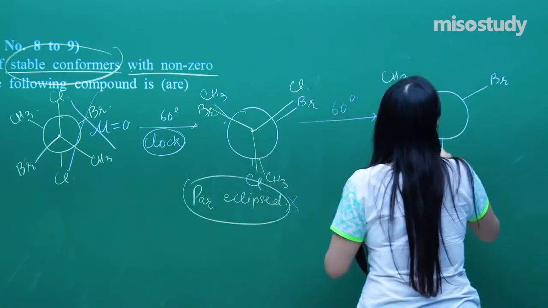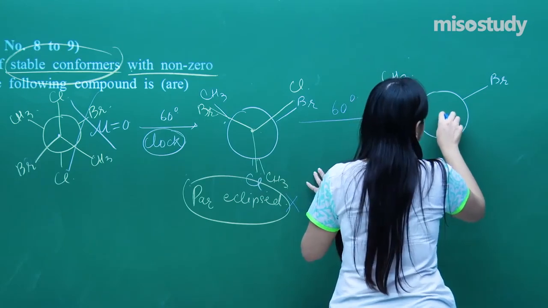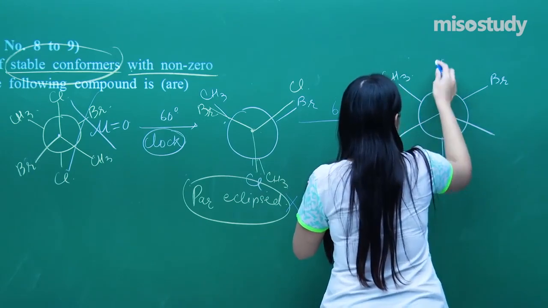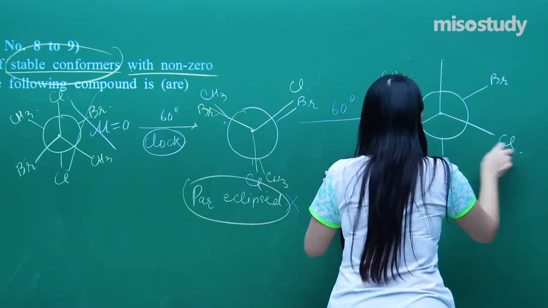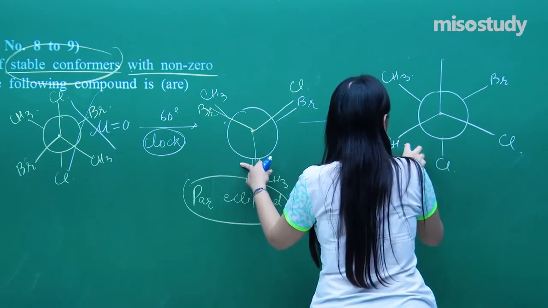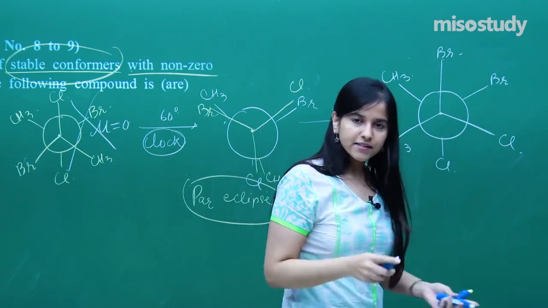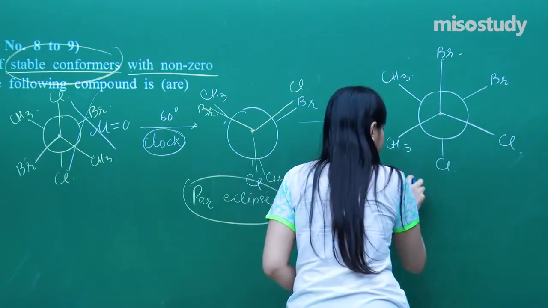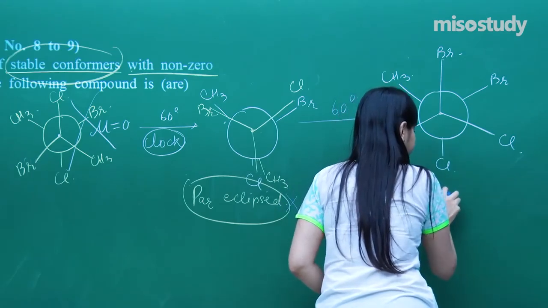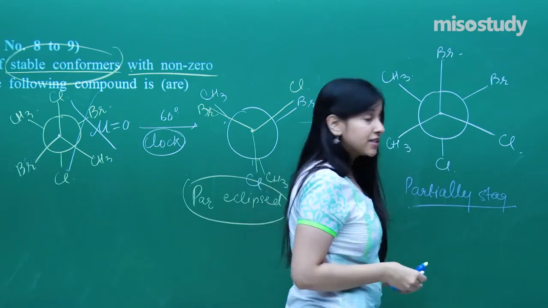And now where do I get the rest? I get it over here. That means now chlorine has come up here, my methyl has gone there and the bromine here. What is this? This is now staggered, but partially staggered. So we need this. We need partially staggered.